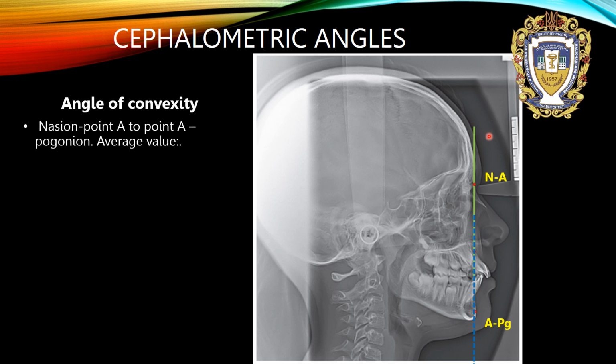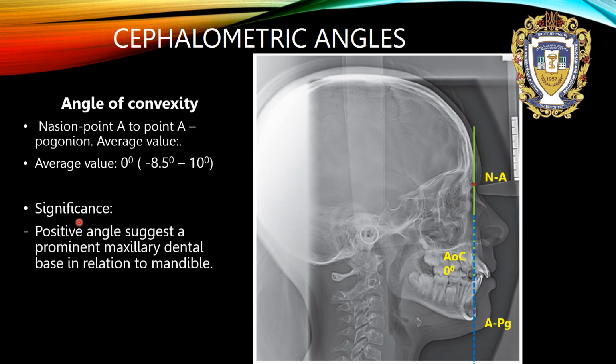In normal situation, these two planes are overlapped, and average value, of course, will be 0, but can be from -8.5 to 10 degrees. Significance of this angle. Positive angle suggests a prominent maxillary dental base in relation to mandible, but negative angle is indicative of prognathic profile.